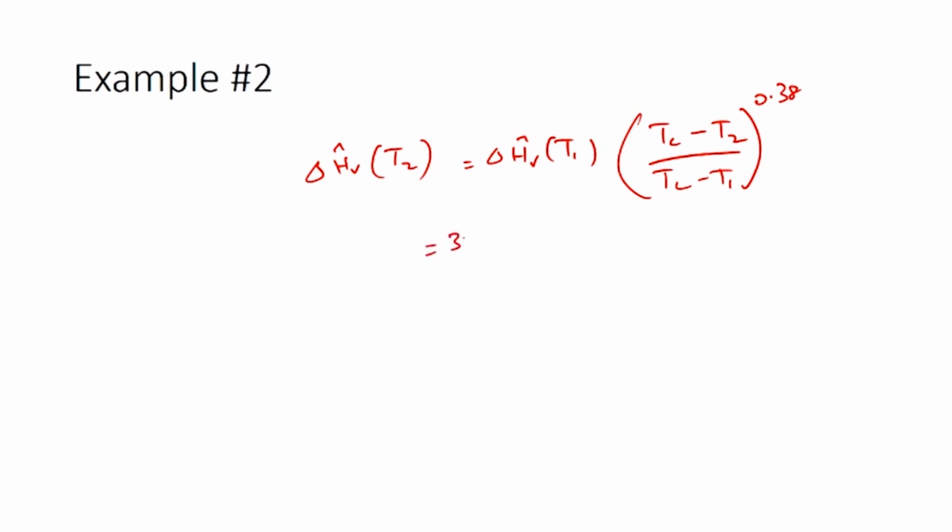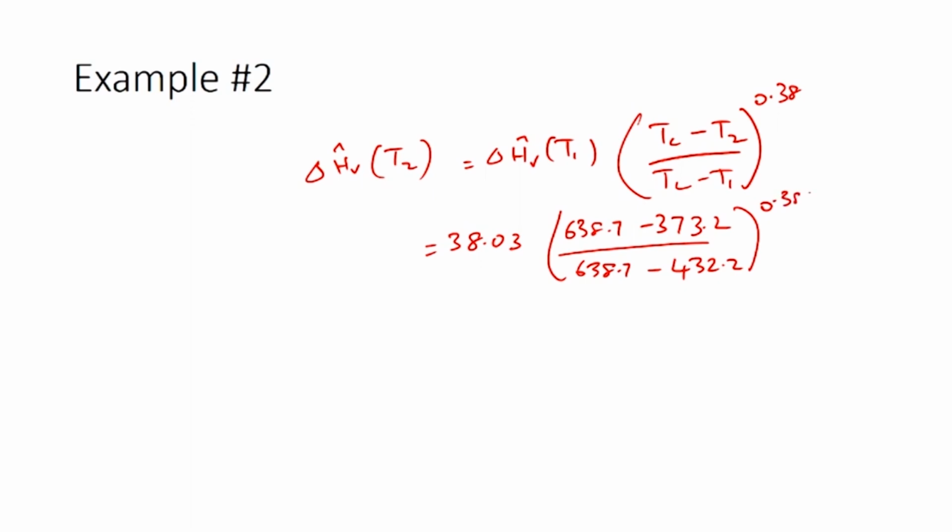Substituting the values we have, we will use the more accurate value in this case, which is from Trouton's equation, 38.03 times 638.7 minus 373.2 divided by 638.7 minus 432.2 to the power 0.38. This gives delta H cap V at 100 degrees Celsius as 41.84 kilojoules per mole. With this we have used the different equations.